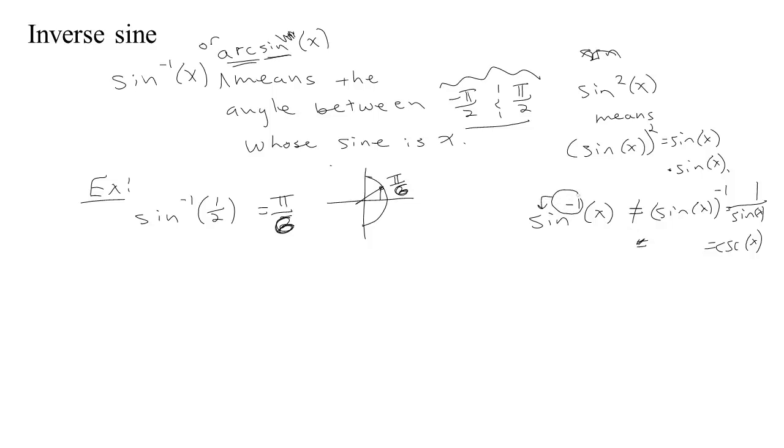If you understand that this -1 on the name of a function always means find the inverse function, then you'll be safe, right? The reason that students get confused is because a lot of times we end up squaring a sine or a cosine or taking them to higher powers, and it's just convenient to name the trig function to some power. Just watch out for this one, and you'll figure it out in the end.